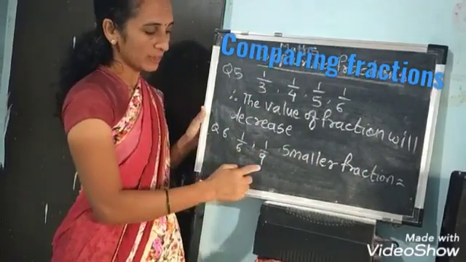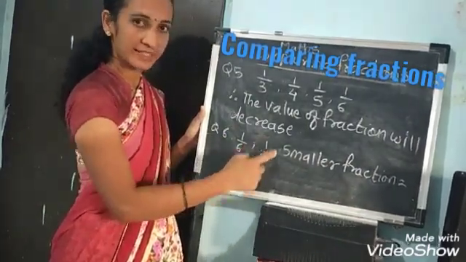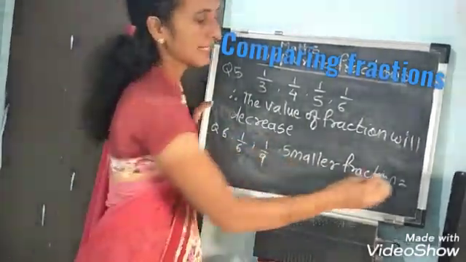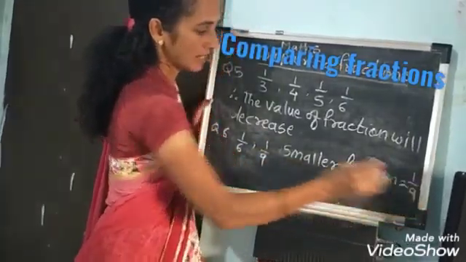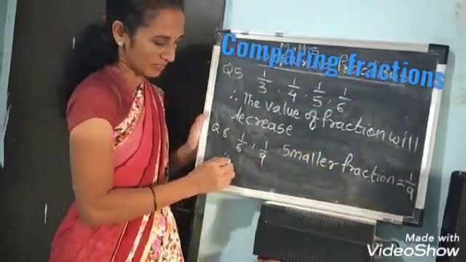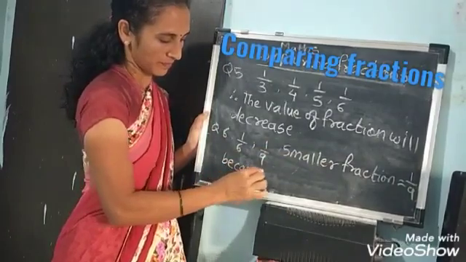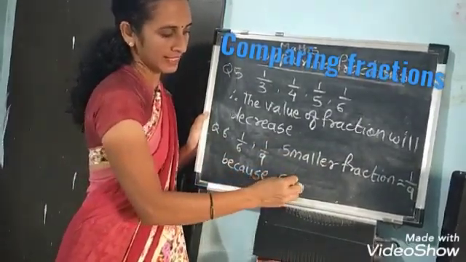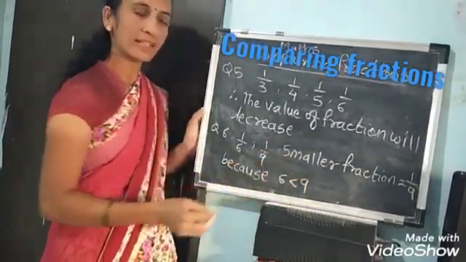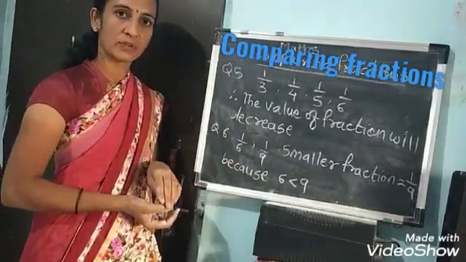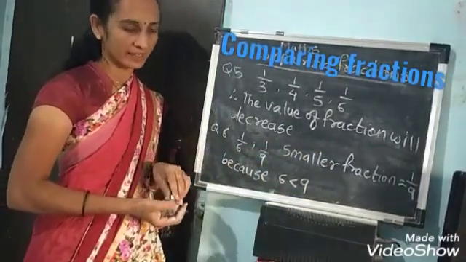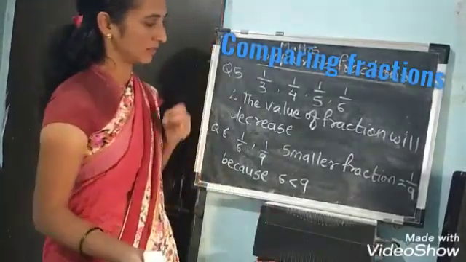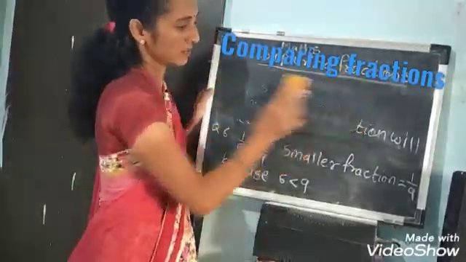Our rule is, if the denominator is bigger, that fraction is smaller. 1 upon 9 is the smaller fraction. Why? Because 6 is smaller than 9, and it is in the denominator, both are in the denominator. Okay, we will see the next question.